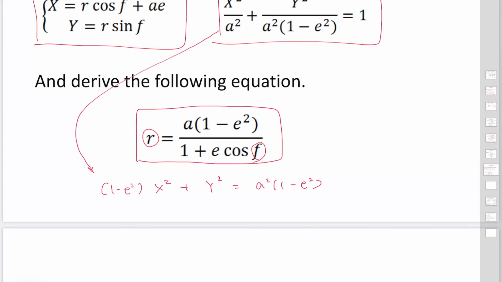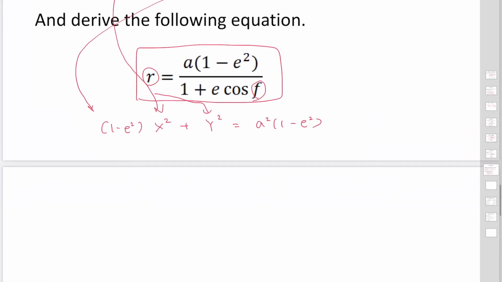Then you can substitute this x and y. Then it becomes 1 over 1 minus e squared times (r cosine f plus ae) squared plus (r sine f) squared equals a squared times 1 minus e squared.